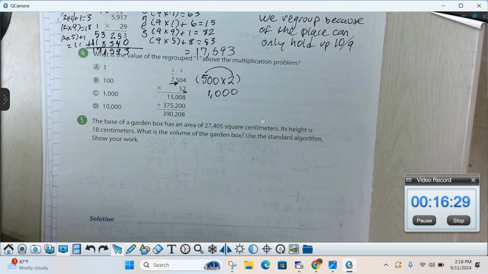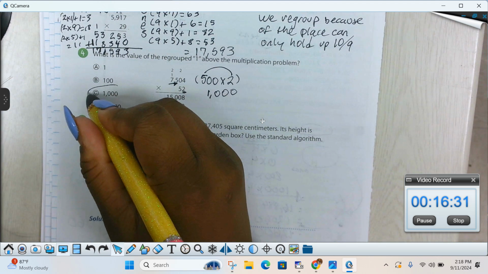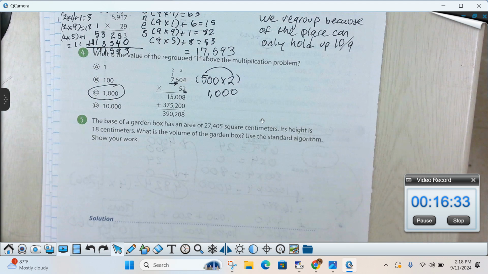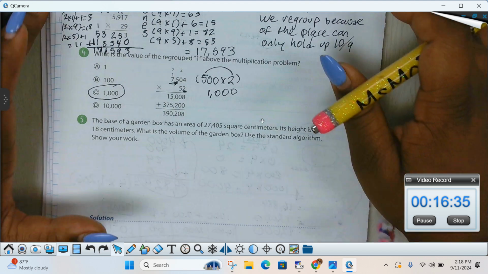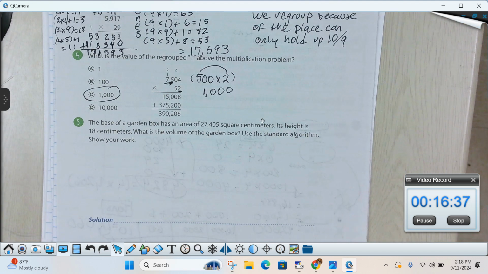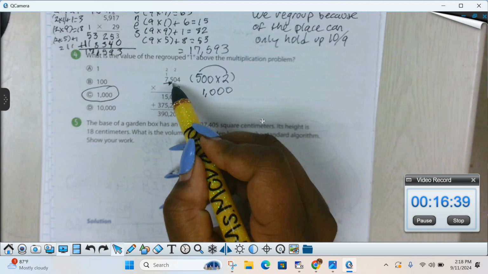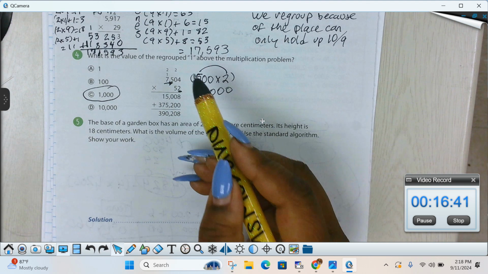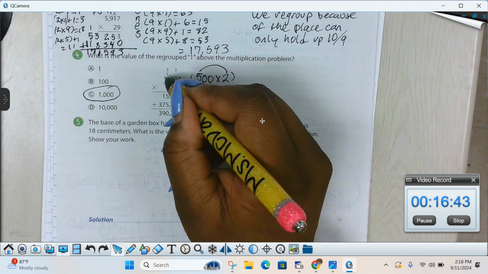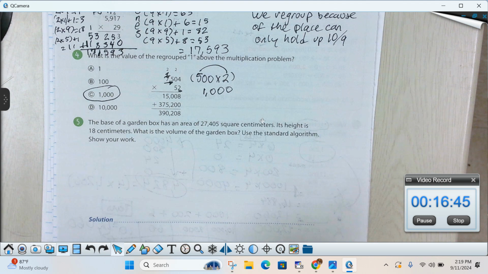So what's the answer? Because this is a 5 in the hundreds place, and that is the 2. And that is where the 1 came from here in our problem.